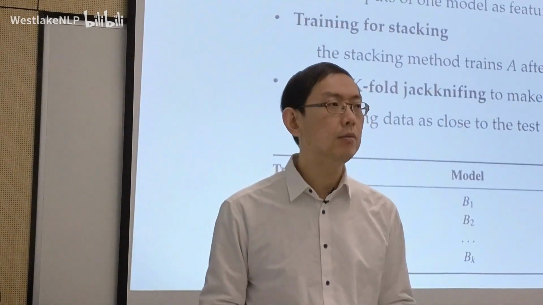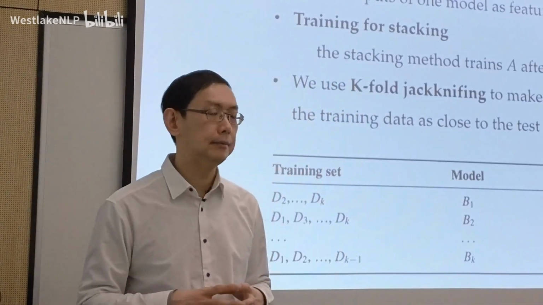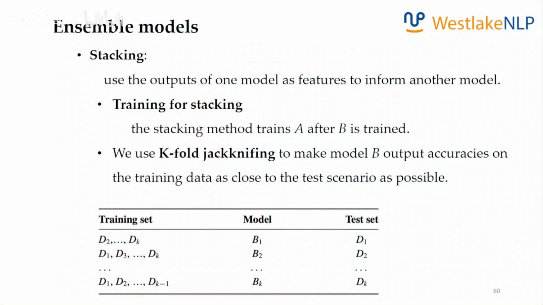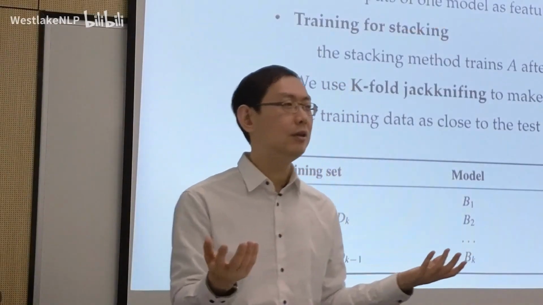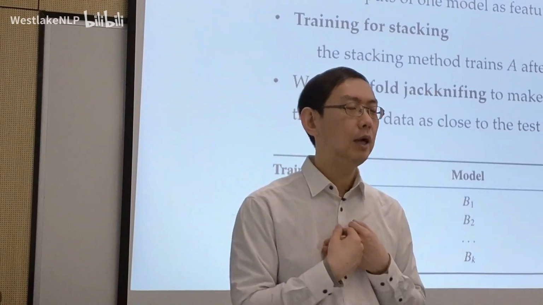Another way to ensemble different models is called stacking. Say you have 10 students and you have a teacher. Now each student can give us a decision. You say it's 1, you say it's 2, you say it's 3. Now the teacher will look at all the student decisions and then make my decision.